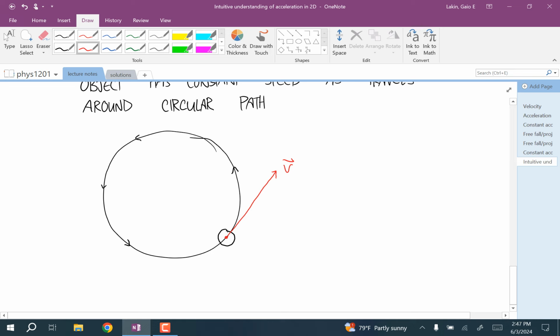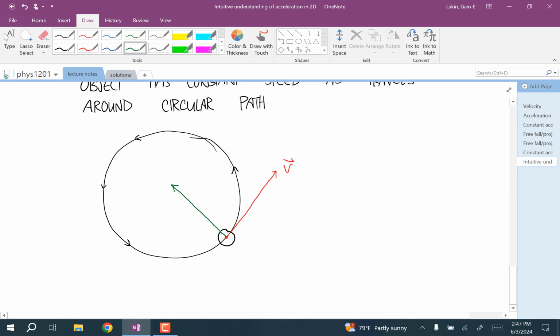It's not changing speed, so there's no parallel part of the acceleration. And so the last step is: is it turning? Think about which way you'd have to turn the steering wheel to stay along this path. If you didn't steer at all, you'd keep going along the velocity vector. But in order to stay along this path, we have to turn the steering wheel this way.